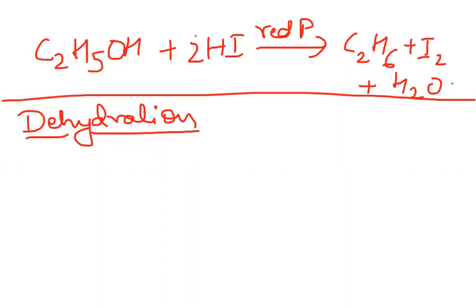So when it comes to dehydration, what are we talking about? We are talking about a loss of a water molecule. Now when alcohols are dehydrated, there are two things you have to keep in mind. One is the temperature at which the dehydration is going to occur.